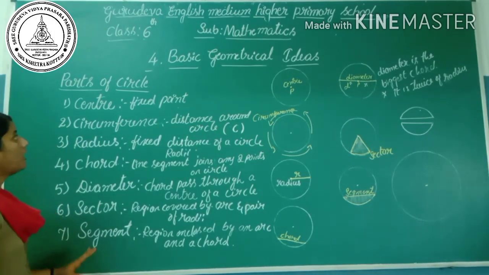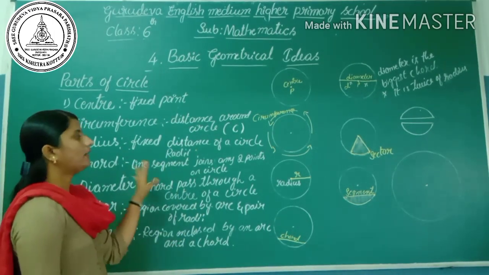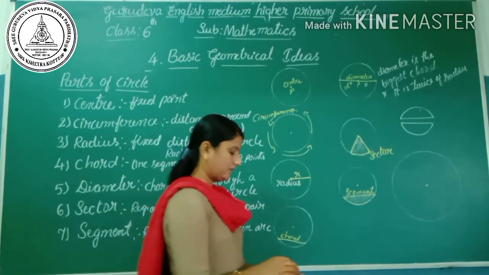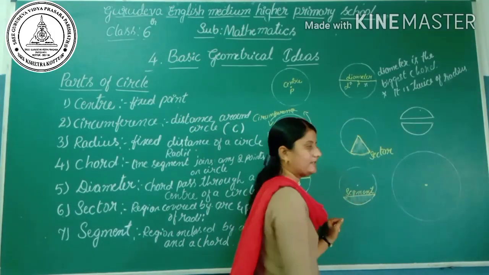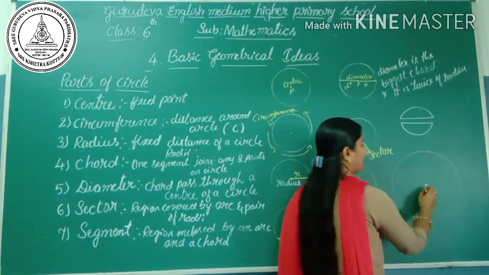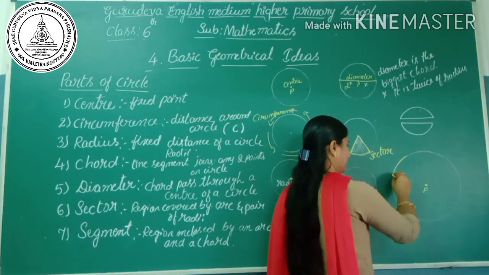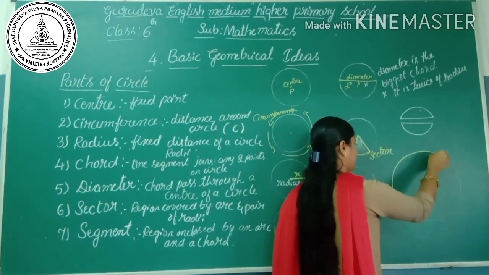Yes, it is all about the parts of the circle. Once again, we have to identify all the parts in the circle. The first one is the center of a circle. It is the center of the circle P, and the second one is the circumference of the circle.